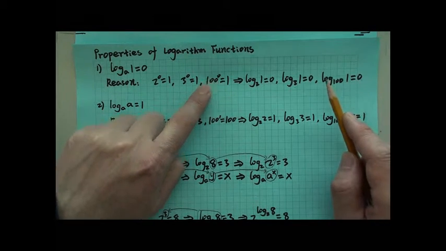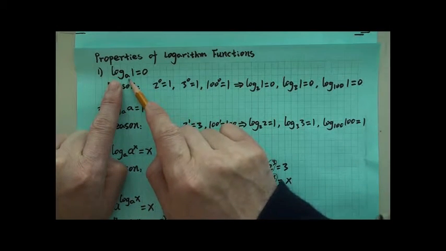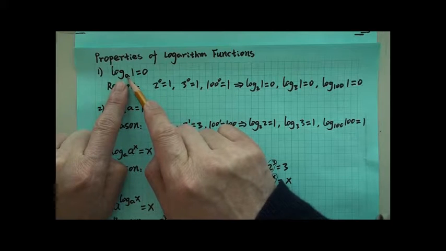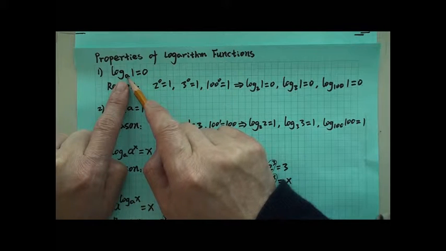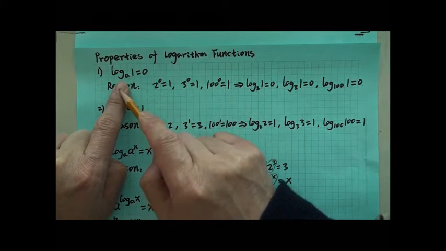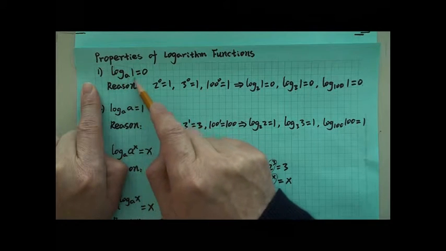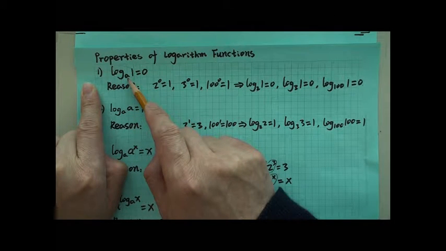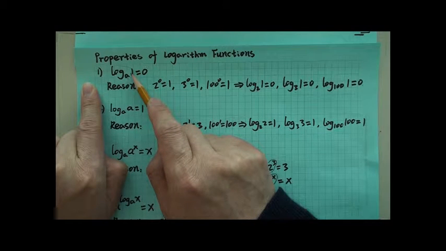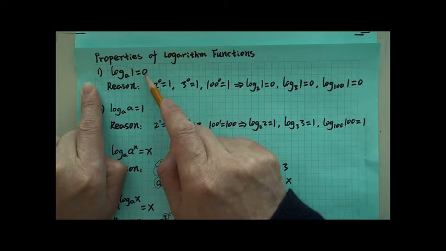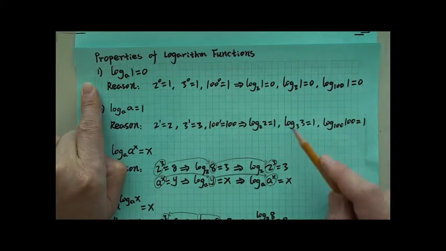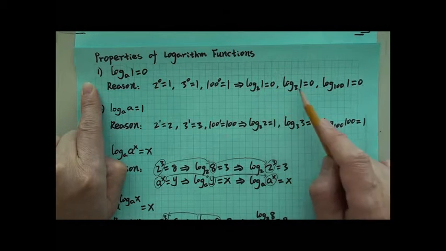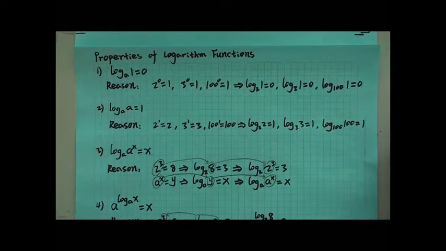So this tells us log base any positive number to the 1, you always get 0, because any positive number to the 0 is 1. If here is 1, you always end up with 0 right here. That's clear. It doesn't matter what the bases are. That's one thing we got to remember.